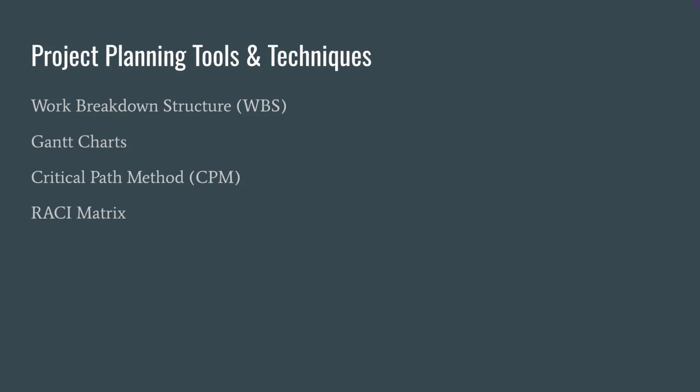RACI matrix. First, RACI stands for responsible, accountable, consulted, informed. So RACI matrix clarifies roles and responsibilities. For each task, the RACI matrix designates who is responsible, who is ultimately accountable, who needs to be consulted for input, and who simply needs to be informed.